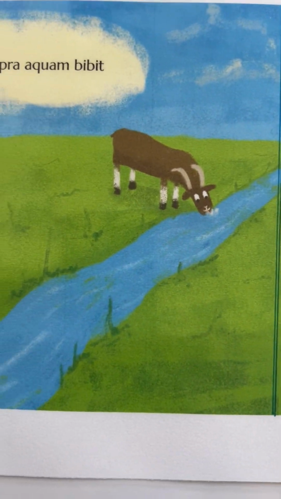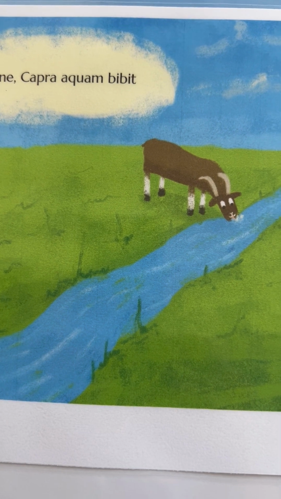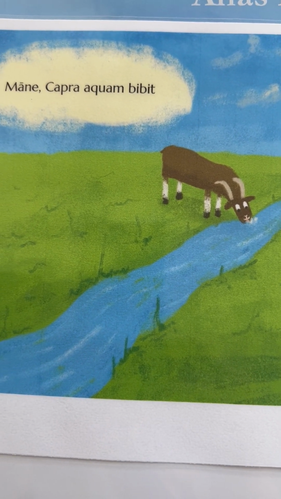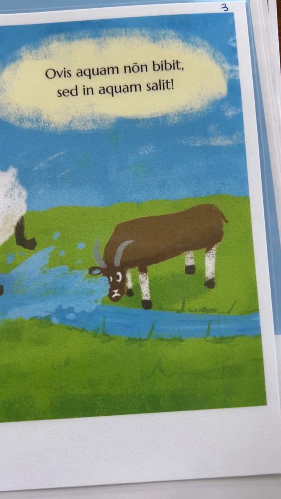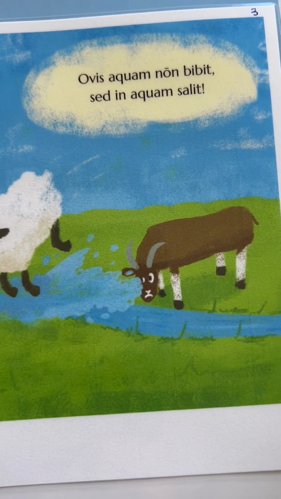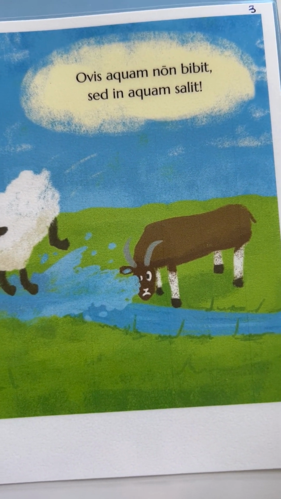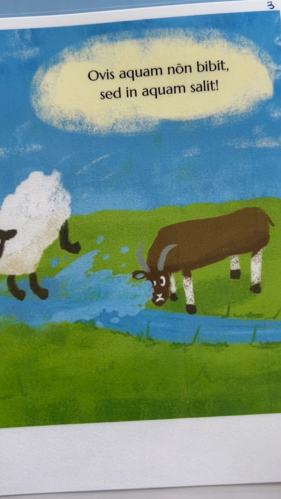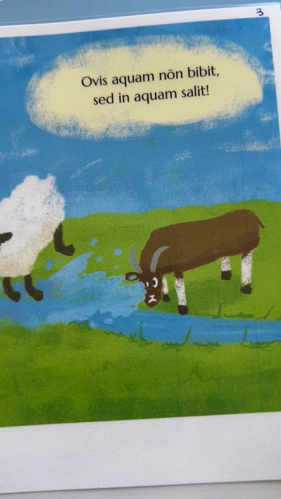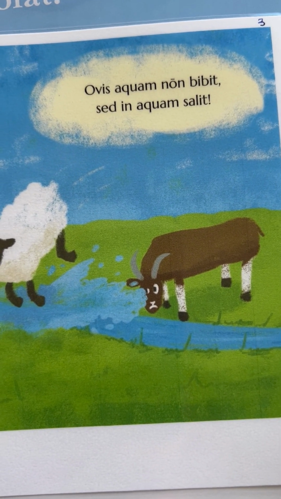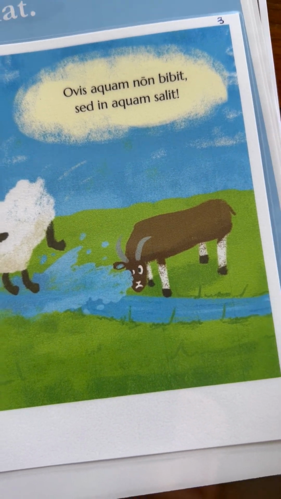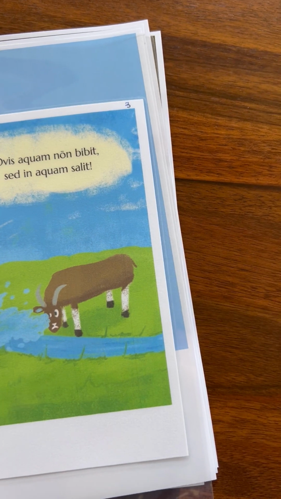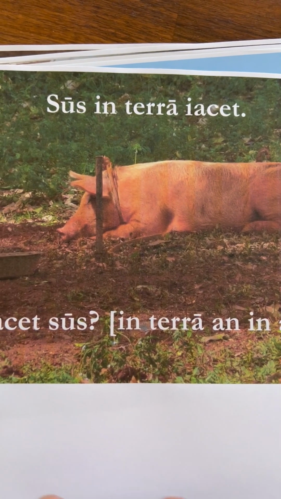Here we have capra aquam bibit. That's actually the direct object, not the location. Would you please do it this way? I think they actually made a slight mistake in their editing. I would say ovis in aqua, don't write the M, and do a macron over the A and say salit. That would be better.